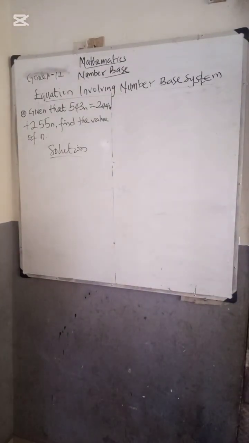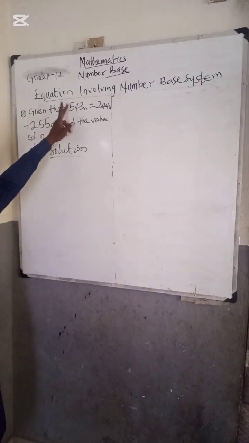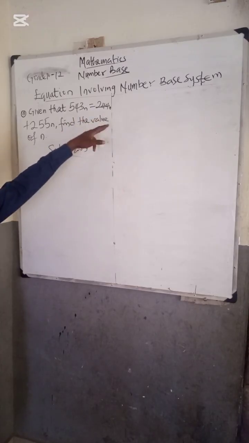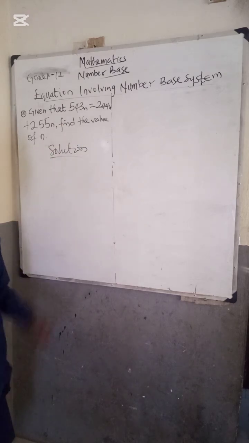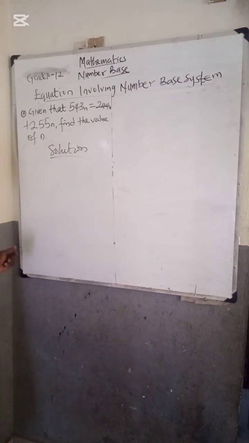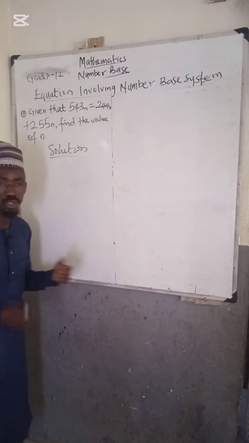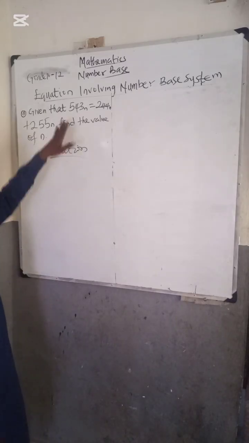Let's see another one, a question on number bases. It says, given that 543 base n is equal to 244 base n plus 255 base n, find the value of n. It is very simple. It's a function of what you've known about conversion from one base to another.